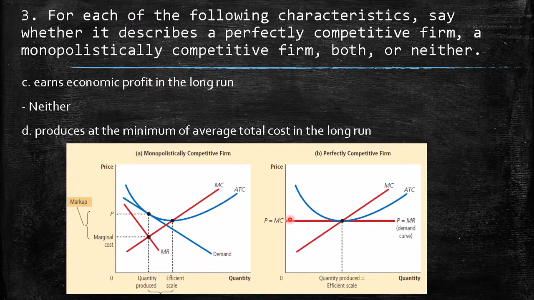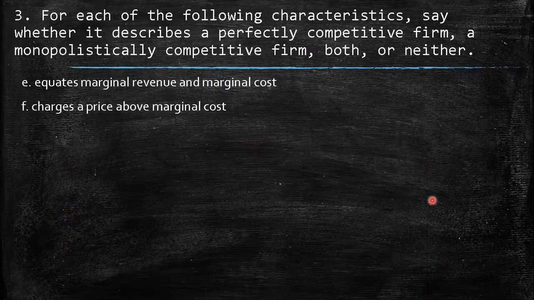So the minimum of the average total cost in the long run is the perfectly competitive firm, where the quantity produced is equal to the efficient scale, and a better output for society as well. So definitely this is what we are talking about, more the perfectly competitive firm.